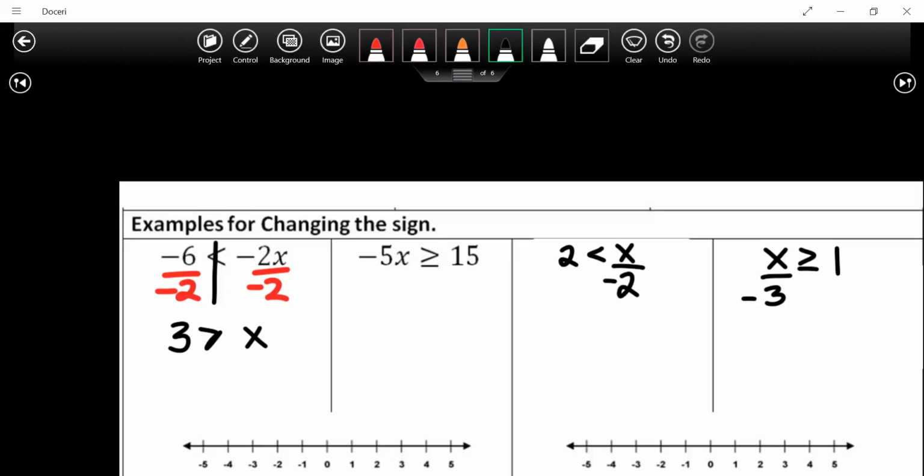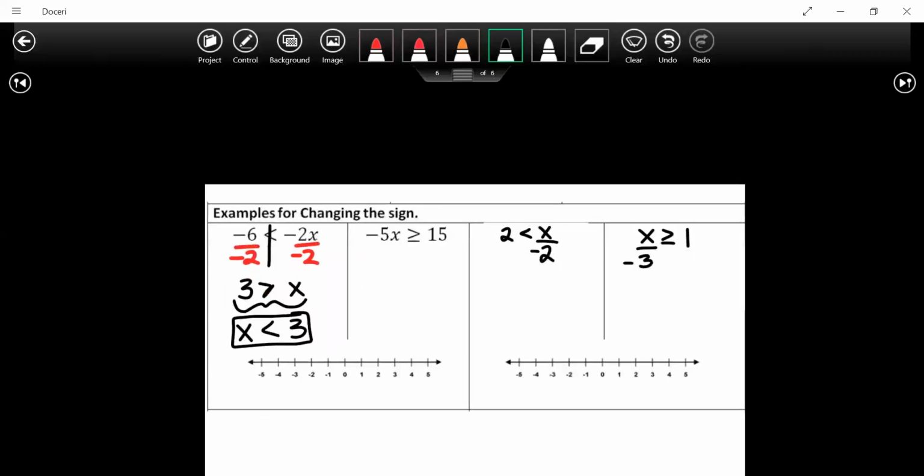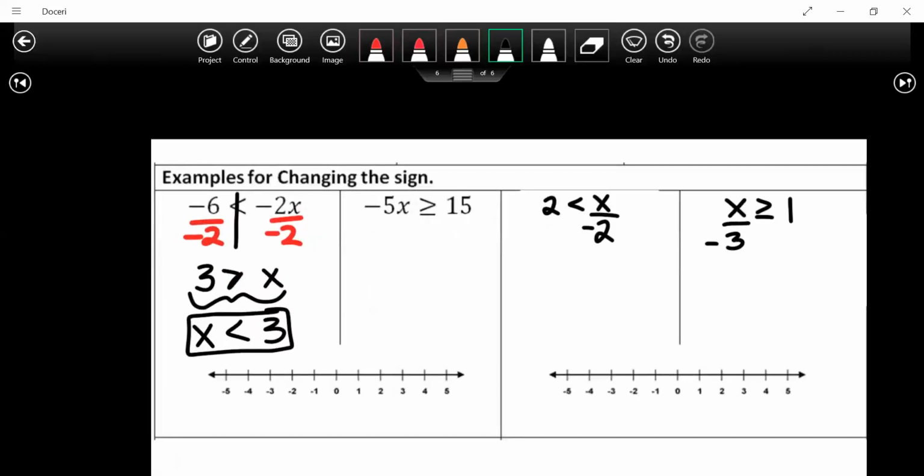No, why? It's on the wrong side. So we're going to go ahead and just switch it. So switching it back, x and 3, less than. Final answer. Open or closed circle at 3? Open, going left. Beautiful.